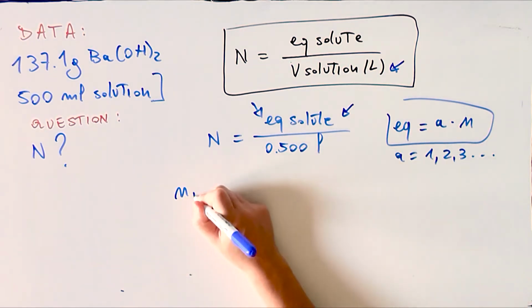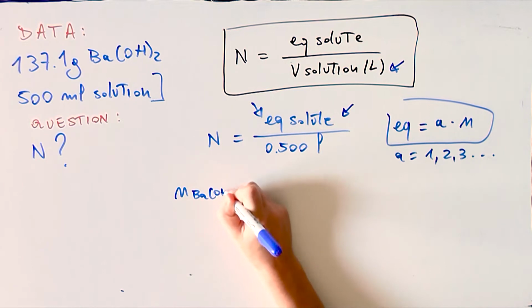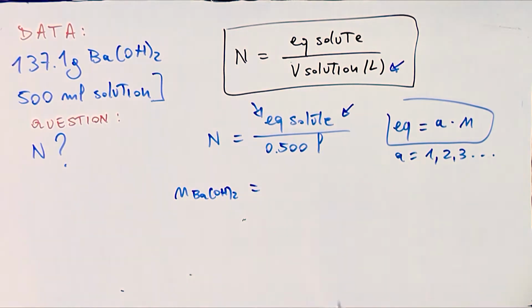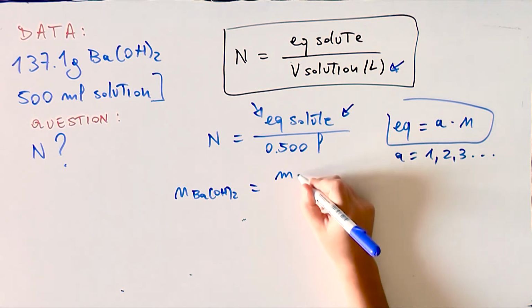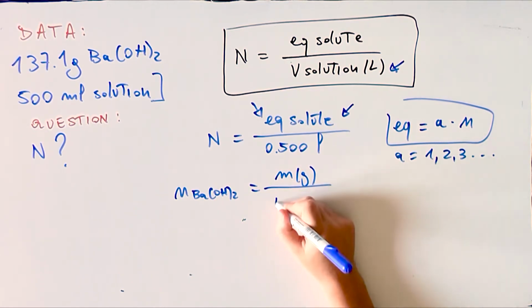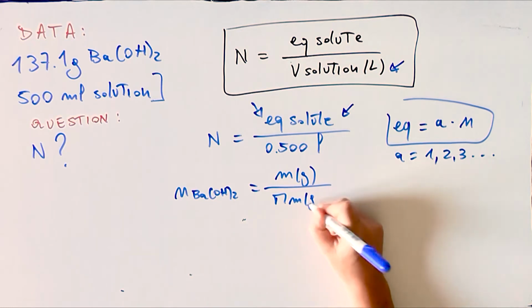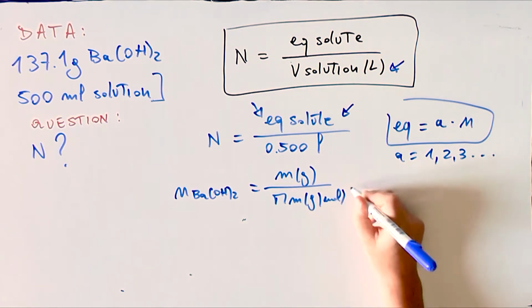So mole of Ba(OH)2 is very simple, we have done it plenty of times. It's as usual the mass of your solute divided by its molar mass, which you can calculate.